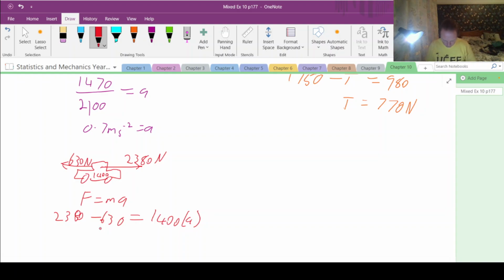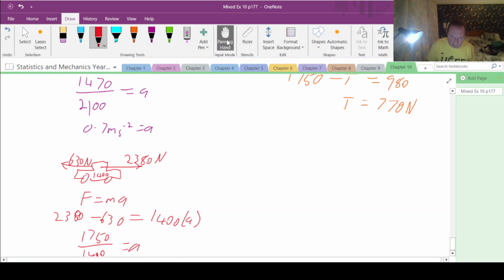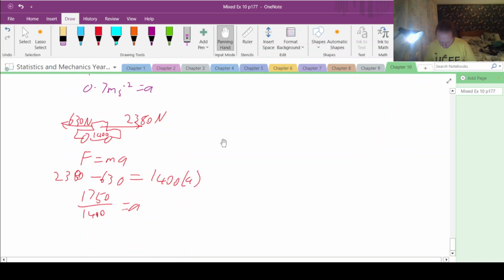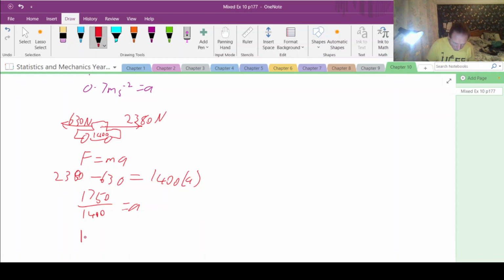Yes, it was the 1,750 being divided by 1,400 that will give me the acceleration, which is 1.25 meters a second squared.